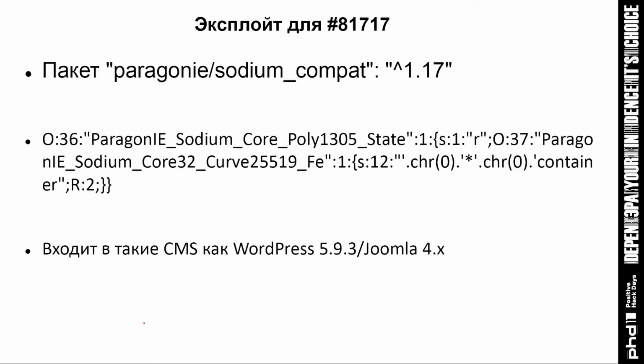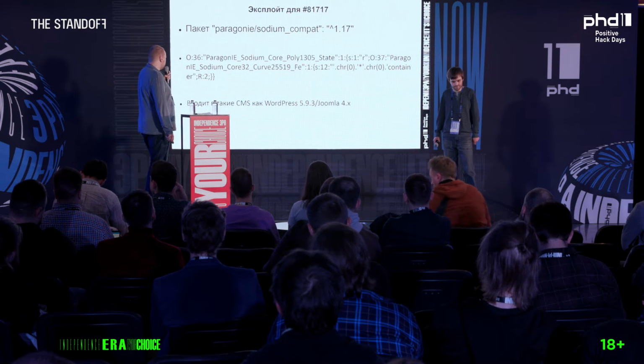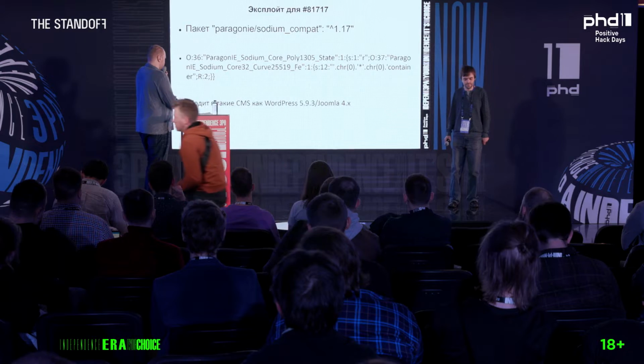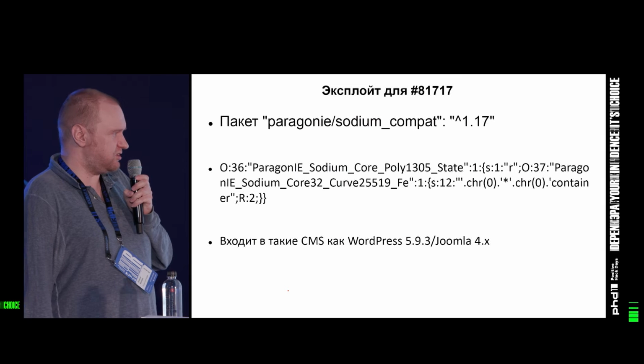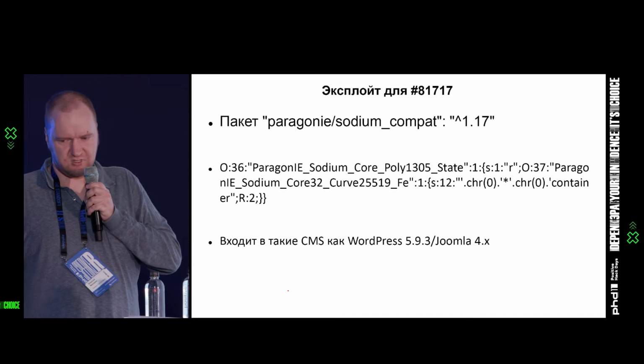And we can search it this way, and we found it in sodium_compat. It's a smallish exploit. You only have to find 2 requests, so it's not a big deal. And still, this package is used in Joomla. And there are multiple ways to do it. You don't have to use unserialize.